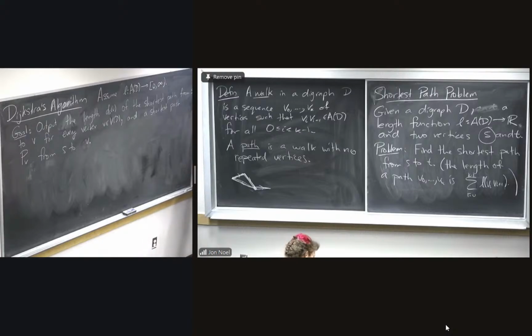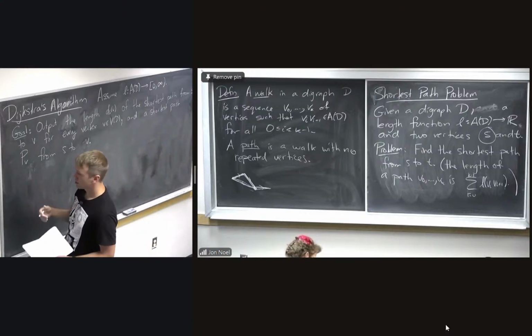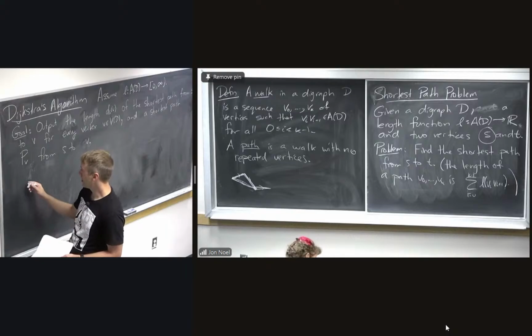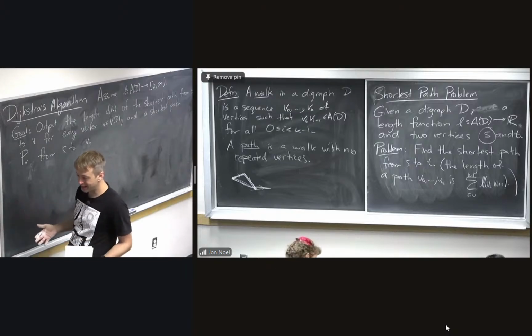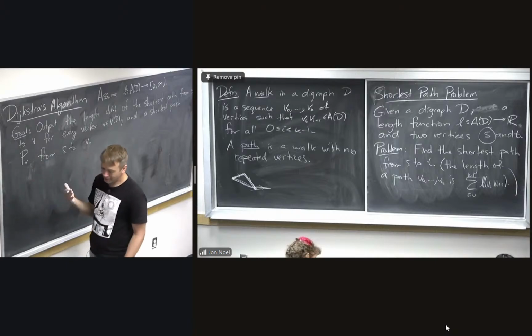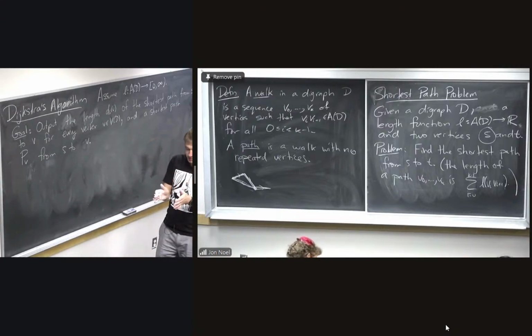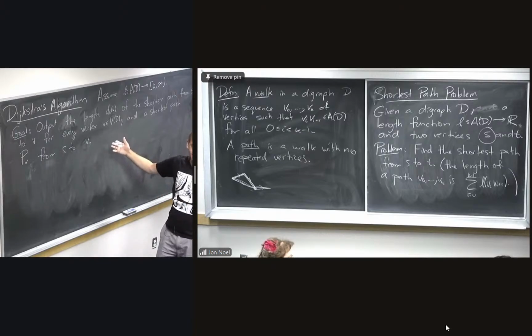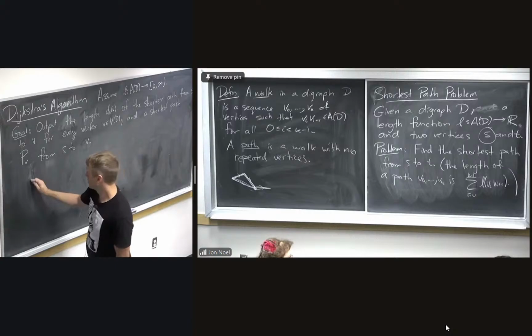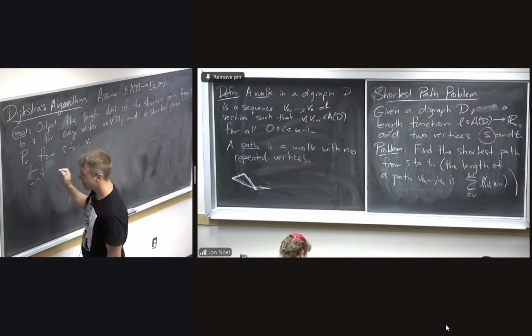Okay, so here's how it's going to go. At the beginning of the algorithm, we don't know anything yet, right? We haven't analyzed anything. So at the very beginning of the algorithm, I'm going to say, what is my best guess for ds of v for every vertex?